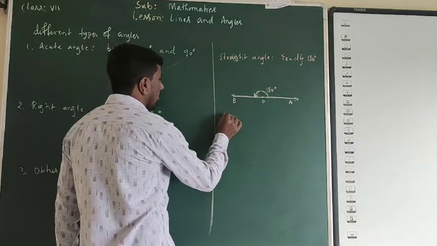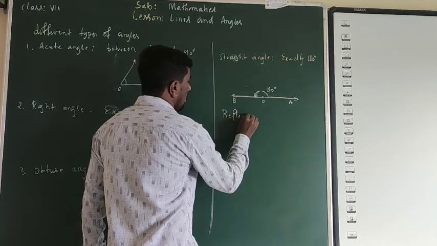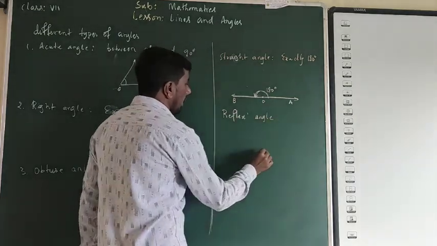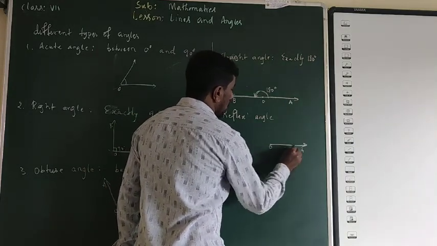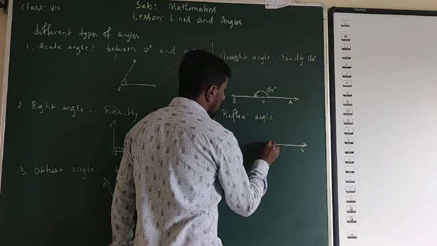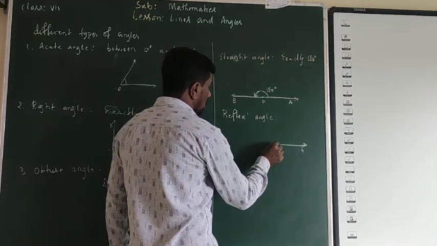Okay. Next, we have the reflex angle. Again take OA as one ray. The other ray will be here.